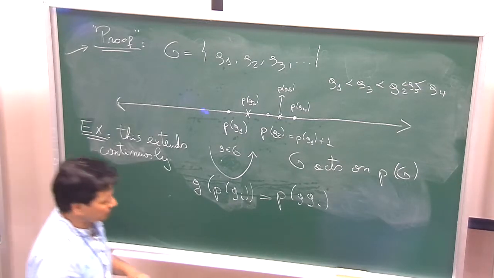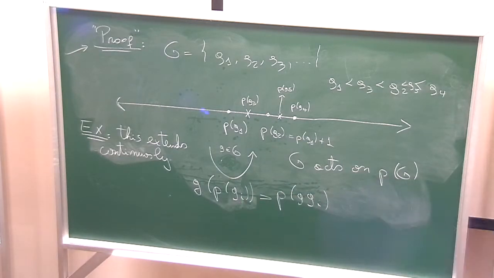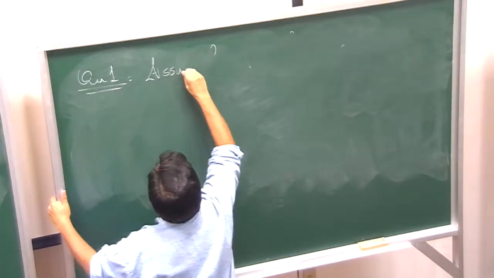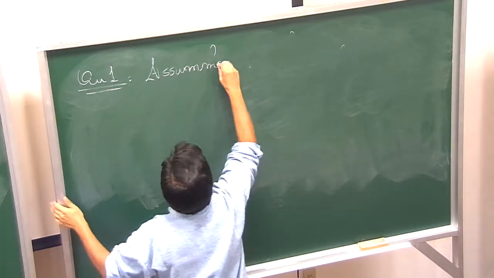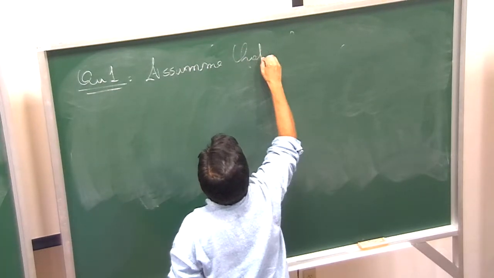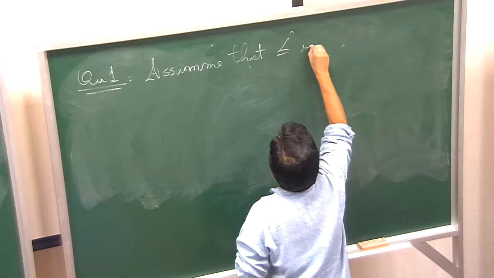Okay, this might seem trivial, but so question 1. Assume that the order is bi-invariant.